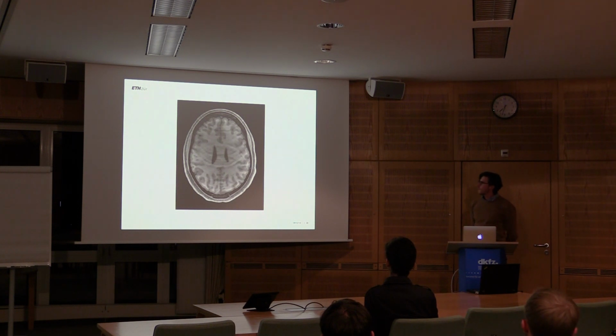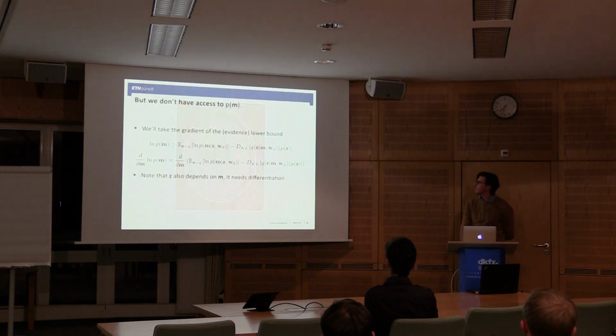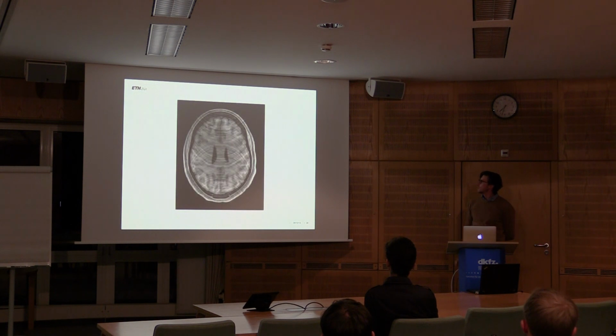So this is what happens in these optimization steps. You can see gradually it's removing these aliasing artifacts. Let me restart it one more time. These are the separate back and forth projections you're seeing now.